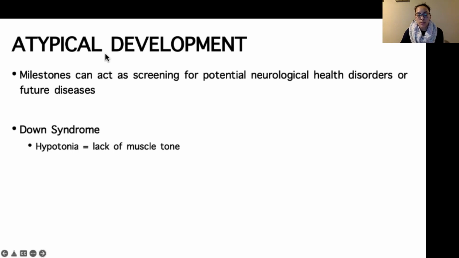There are some people who are at greater disadvantages or automatically might have atypical development or delayed onset of certain motor milestones because of their condition. Individuals with Down syndrome have hypotonia, or lack of muscle tone. That's going to delay their ability to perform reaching or postural control milestones because they don't have the muscular strength to support their body weight.